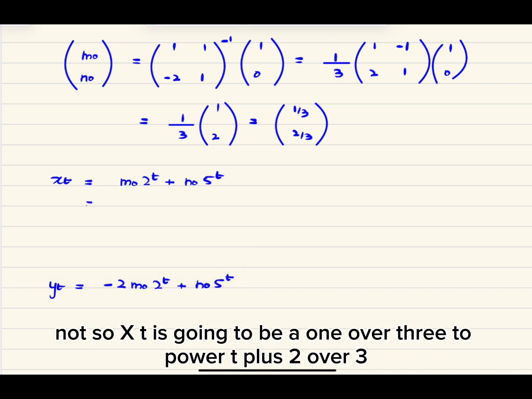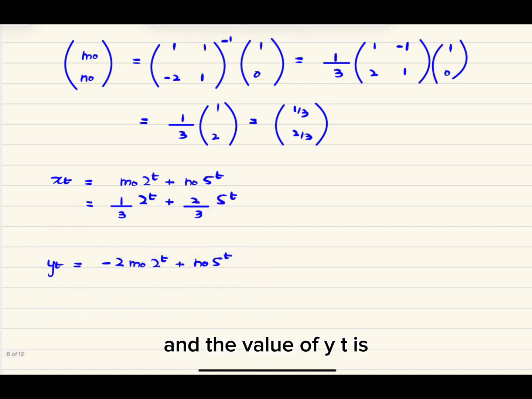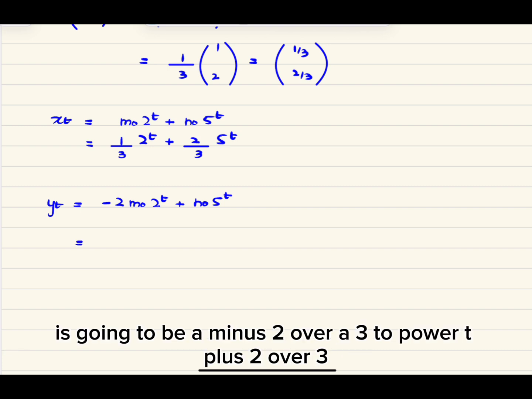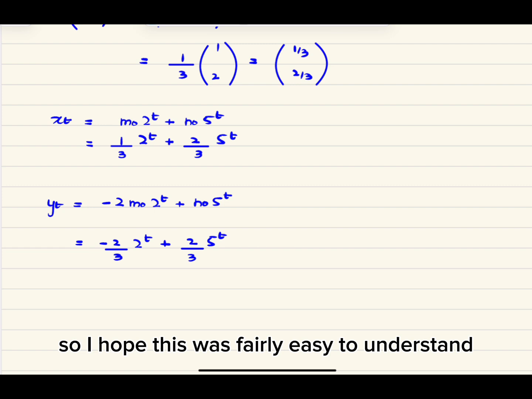So x_t is going to be 1 over 3 times 2 power t plus 2 over 3 times 5 power t, and the value of y_t is going to be minus 2 over 3 times 2 power t plus 2 over 3 times 5 power t. And we're done there. So I hope this was fairly easy to understand.